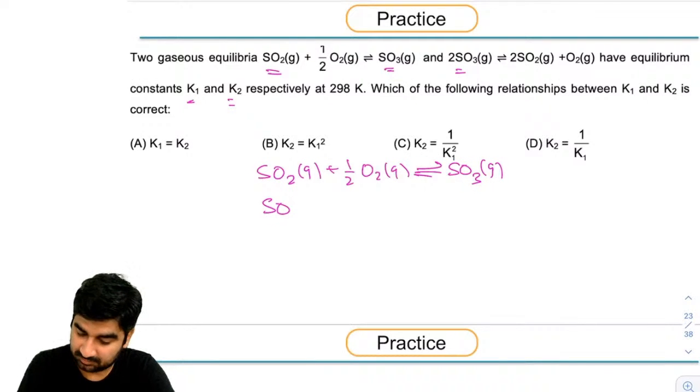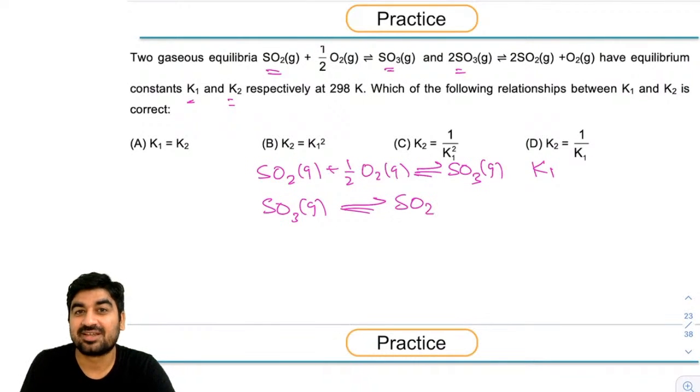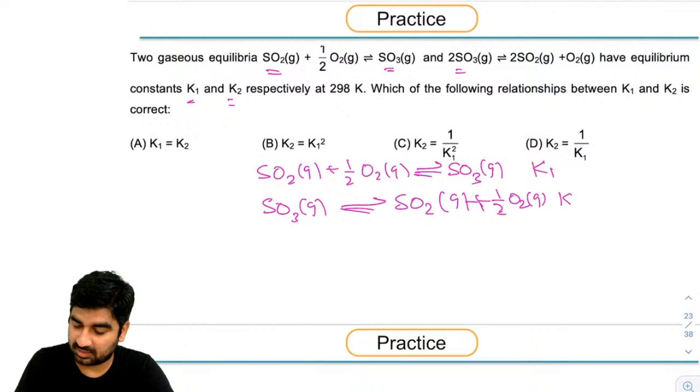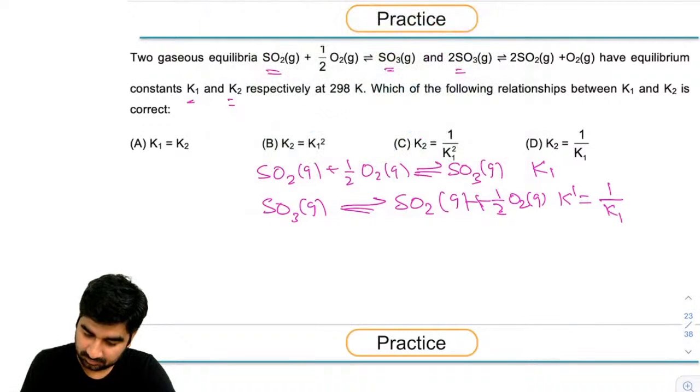If this is K1, it will give you SO2 gas plus half O2 gas, right? So once it is reversed, K dash will be 1 by K1. Now you multiply it by 2.